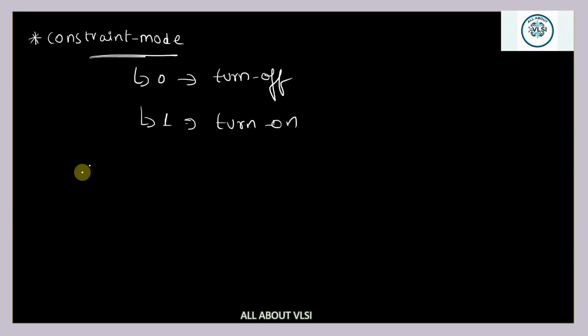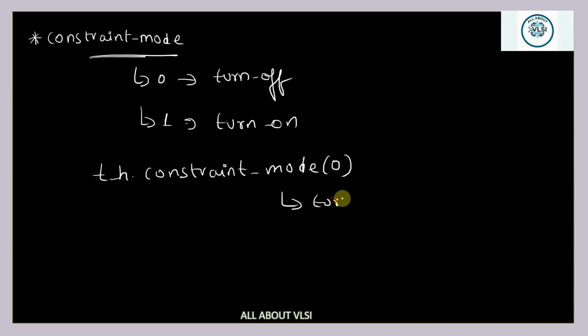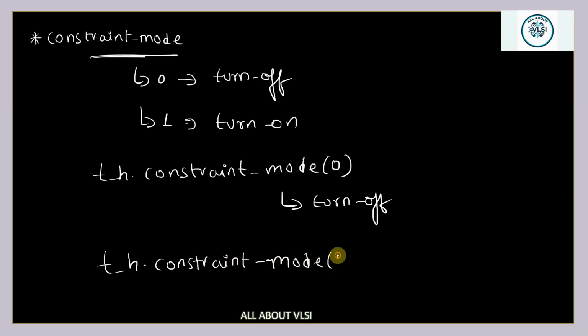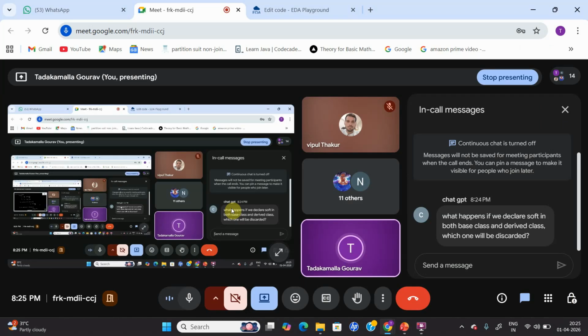So with some handle name dot constraint_mode of 0, you turn off the constraint, and with constraint_mode of 1, you turn on the constraint. This is how you write it.